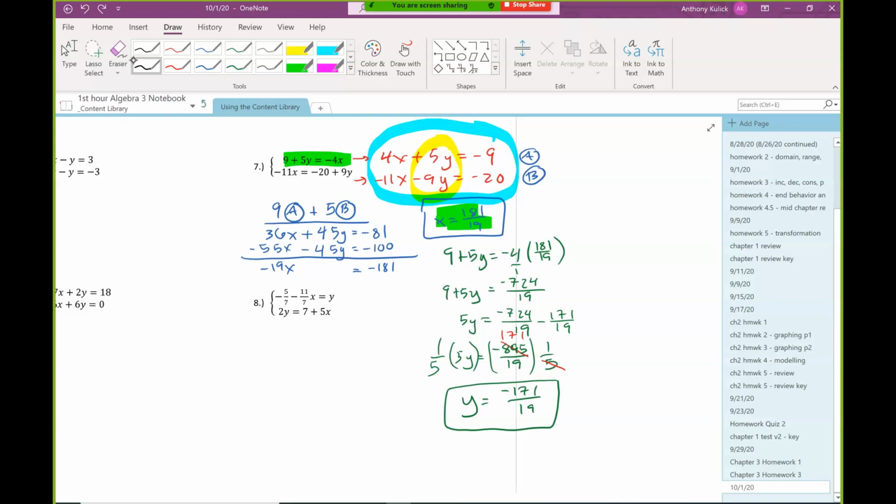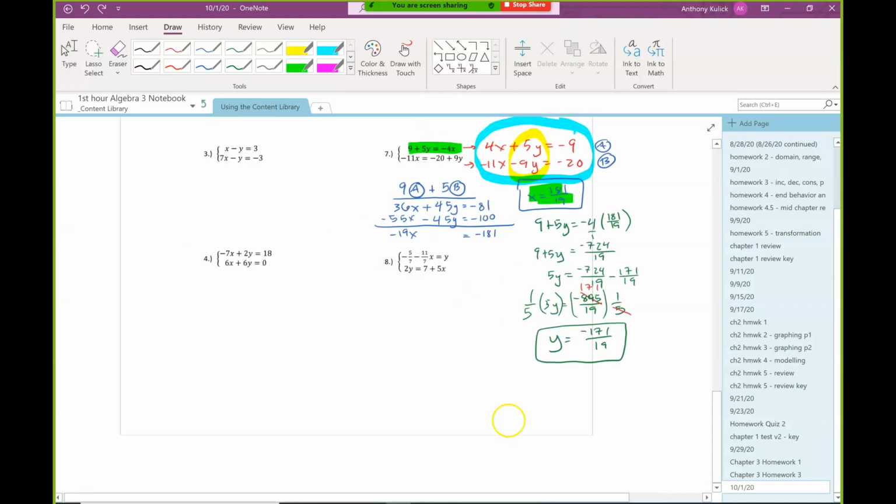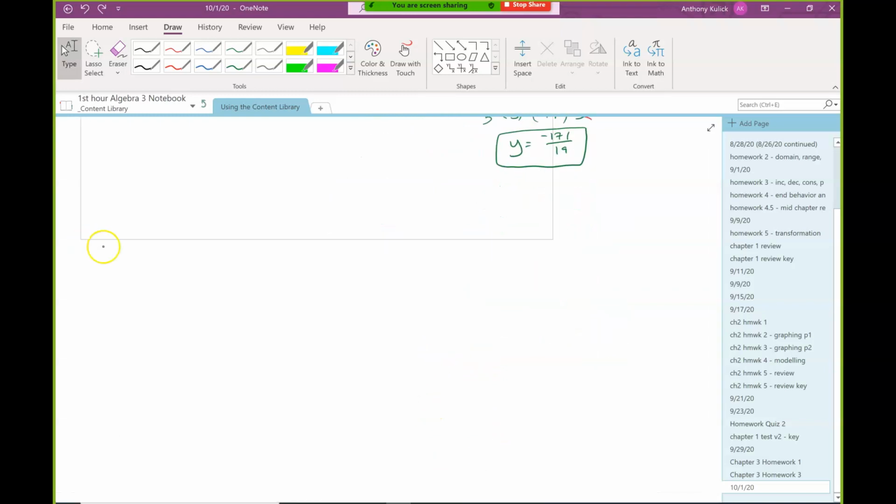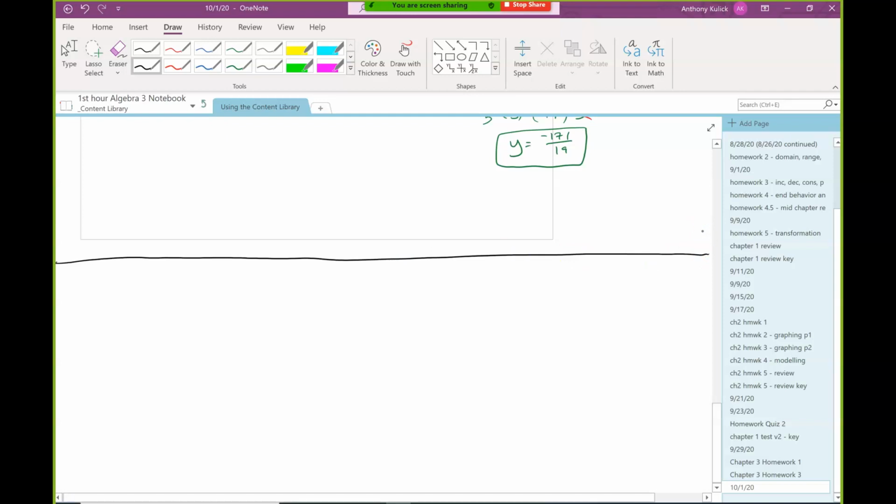Okie doke. Well, let's start today talking about our plan for today. So today we're going to talk about solving three variable linear systems.